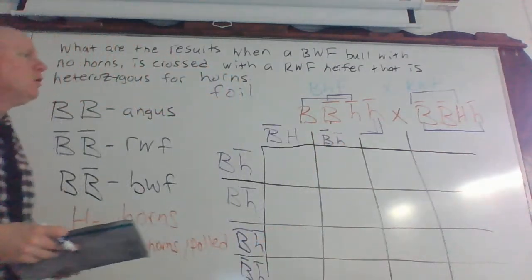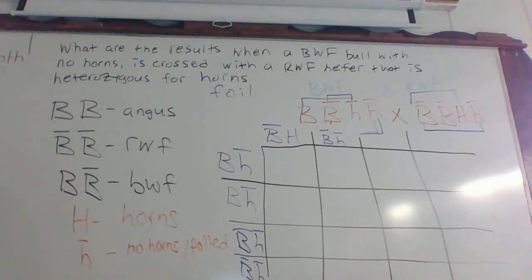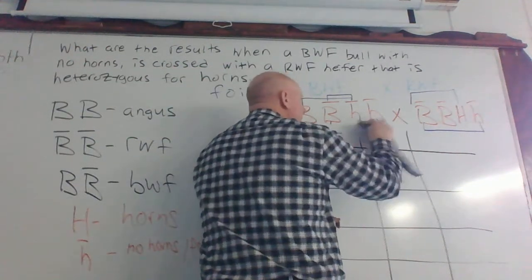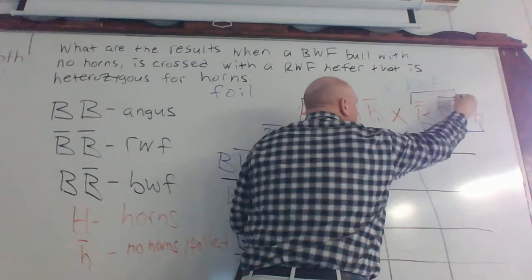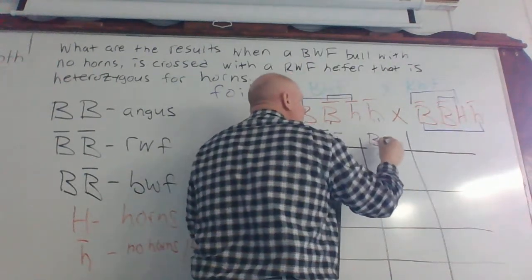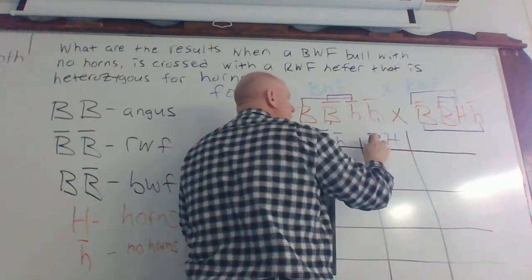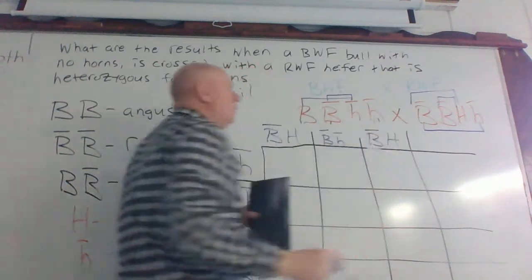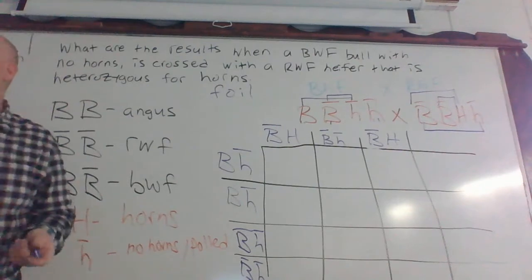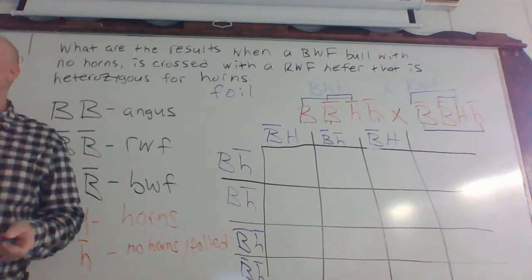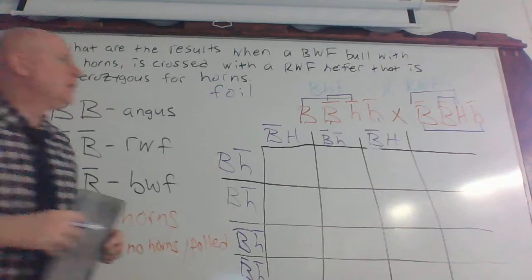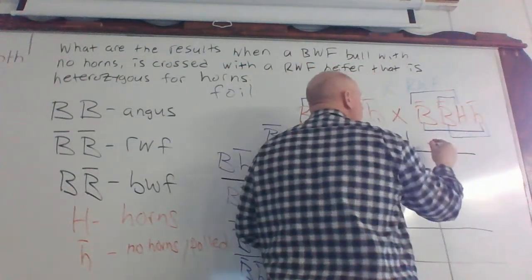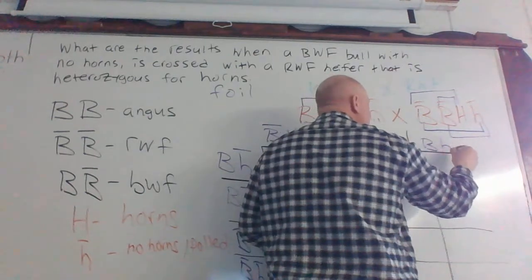All right. What are your inside terms? Okay, so capital B for this one and capital H, like you said. Do we need a line over this? Yes, we do. Okay, and then what's your last term? Okay, so capital B, lowercase h.